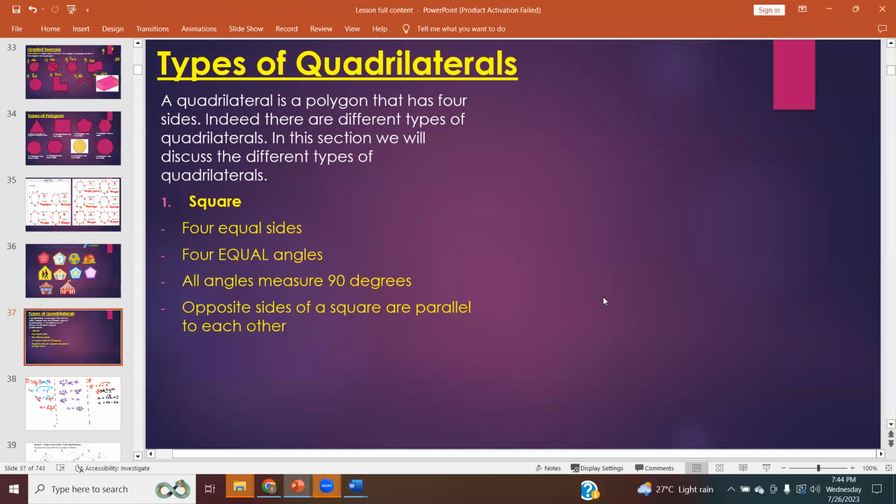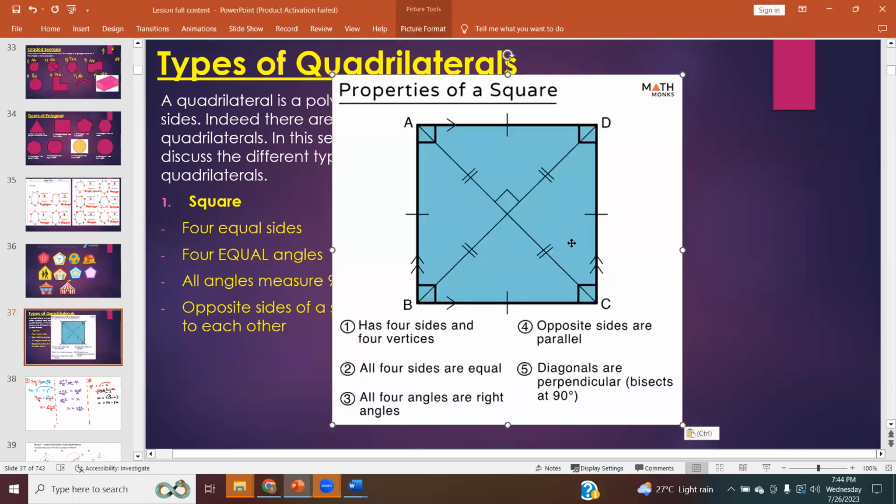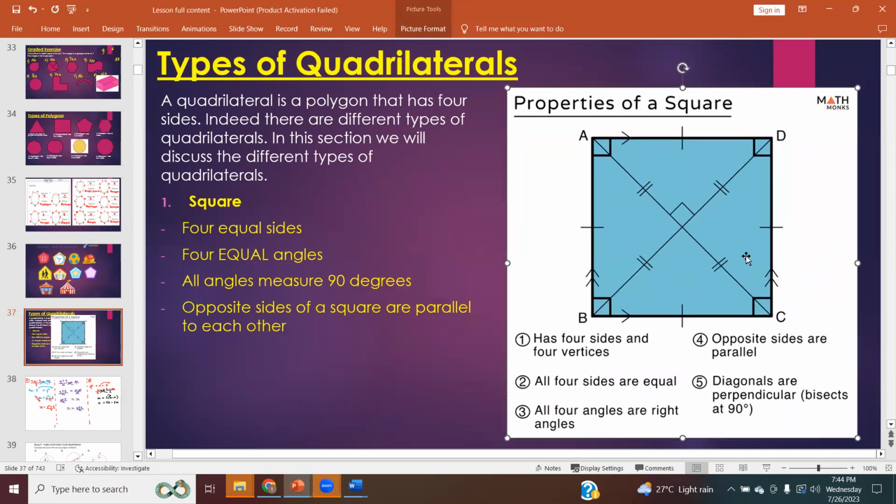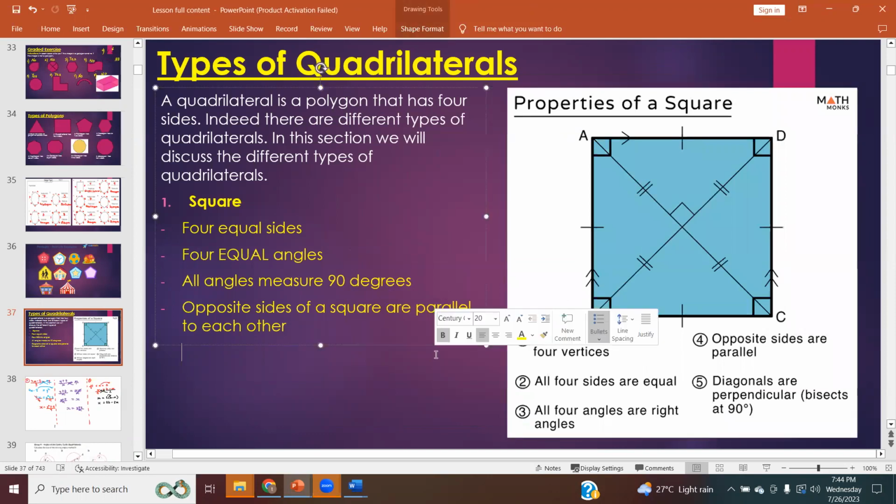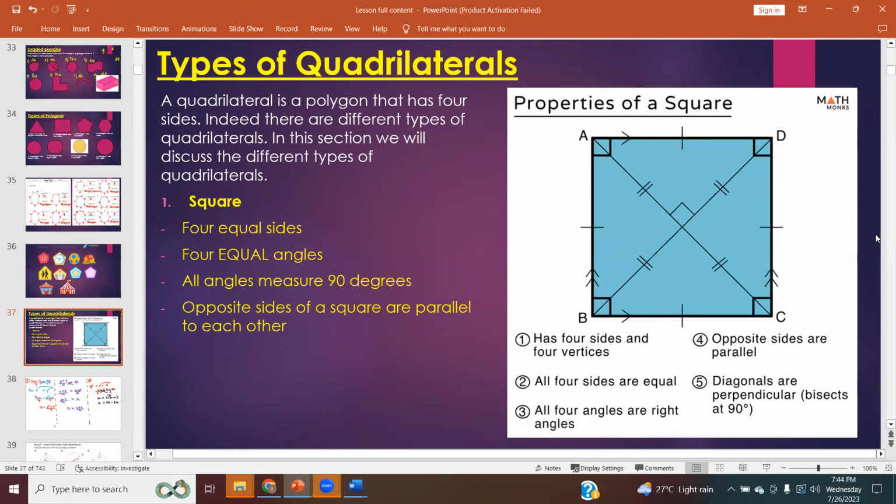So for a square, let me move this picture. This one is better. You don't have to write the words at the bottom. Just draw the square. The words are already on the side. One thing I would put is that all 4 sides are equal, opposite sides are parallel. We already have that.